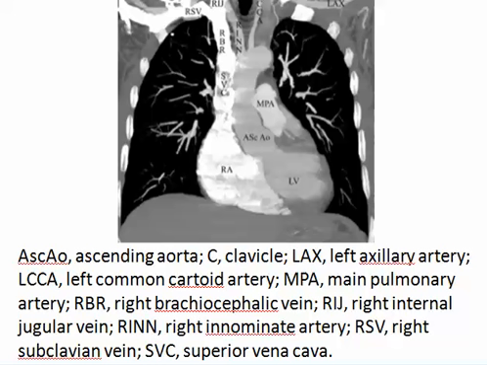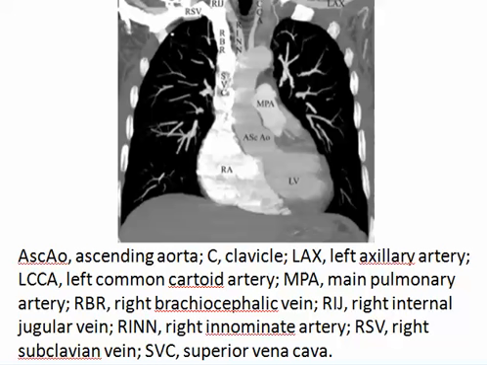Left ventricle, ascending aorta, and from the ascending aorta we have the right innominate, the left common carotid, and the left subclavian. It's not seen here. And then we have the main pulmonary artery segment and left branch.